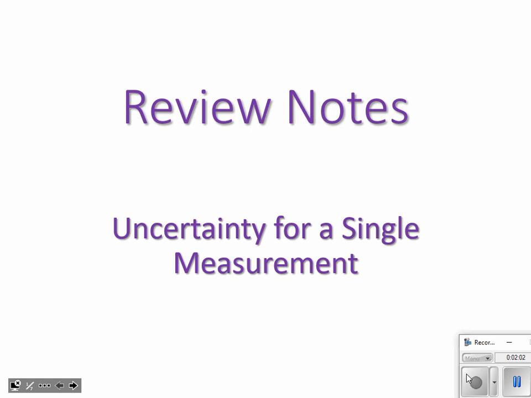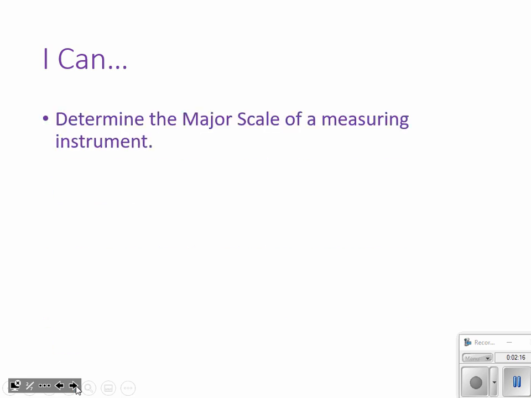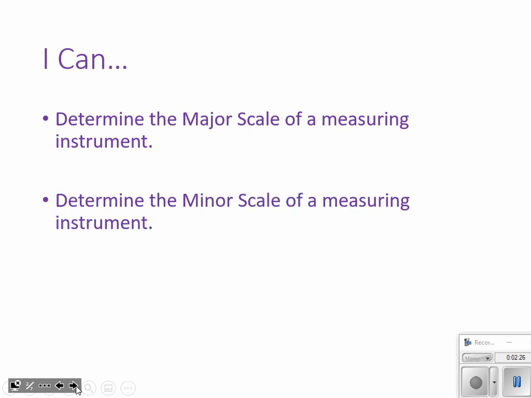Now, that leads me to our next slide here, the I-CANs. And when I did the I-CANs before we even talked about this, I can determine the major scale of a measuring instrument. I can determine the minor scale of a measuring instrument.